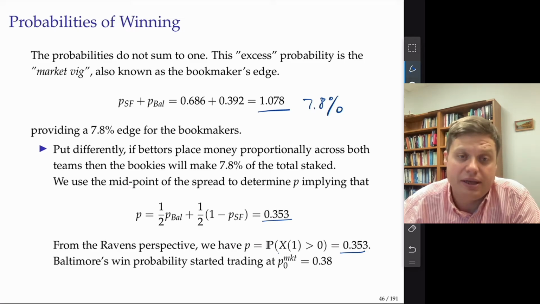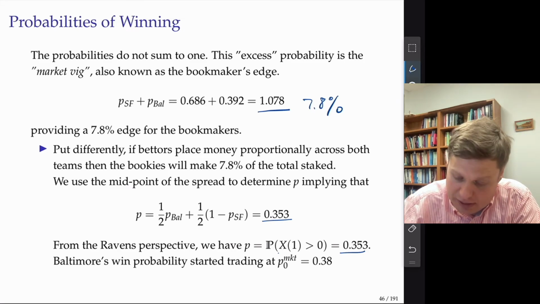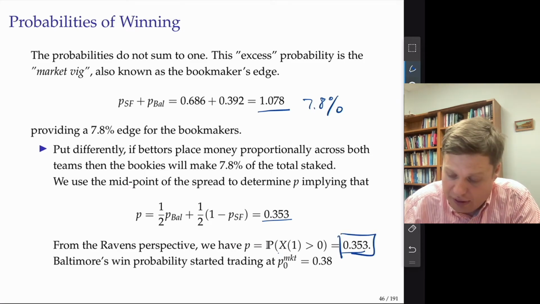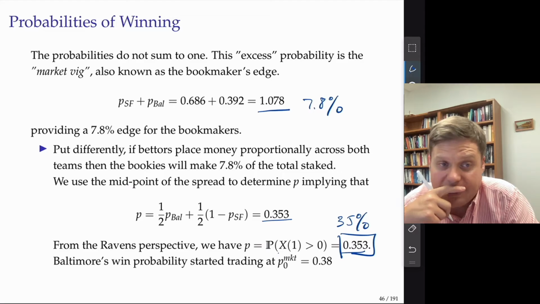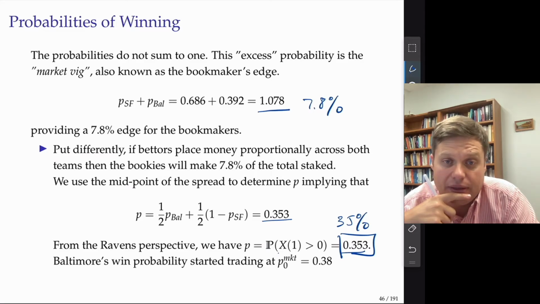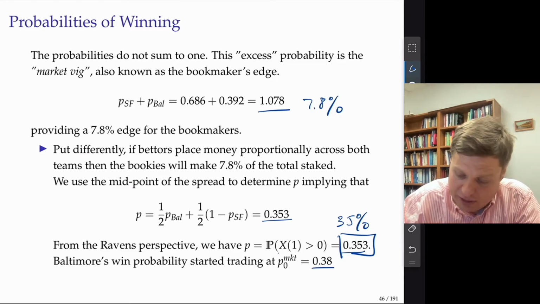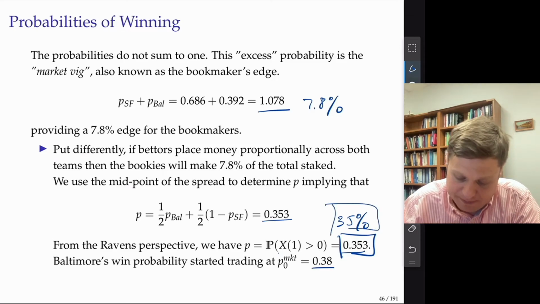So the probability that Ravens win is 0.35. So 35% chance that Ravens win. I'm not sure why I have 38 here, so it's 35%. Okay.